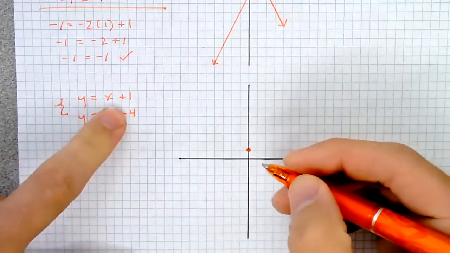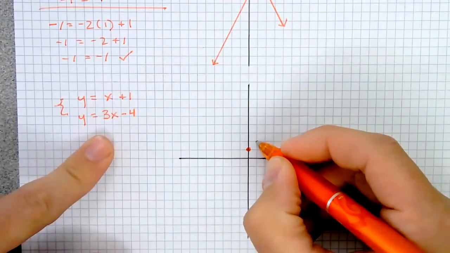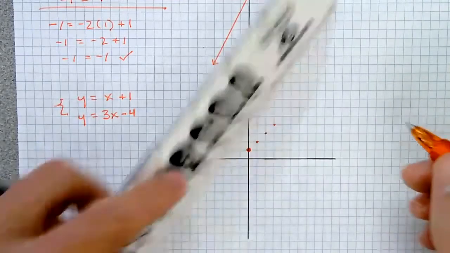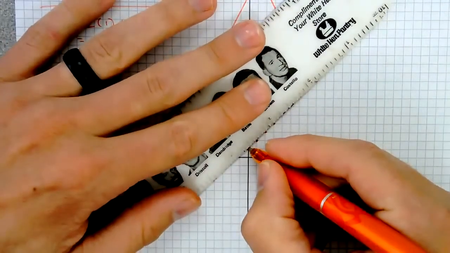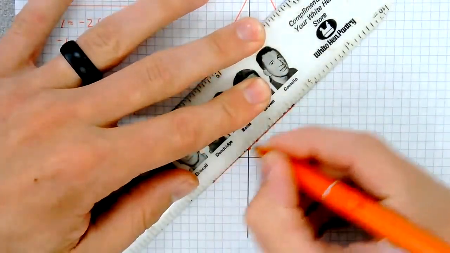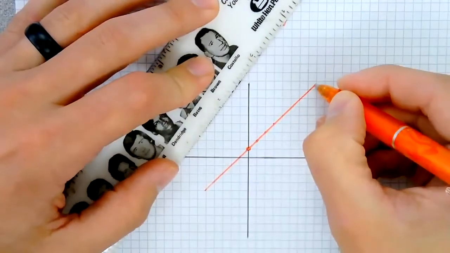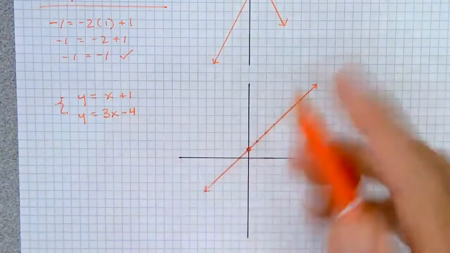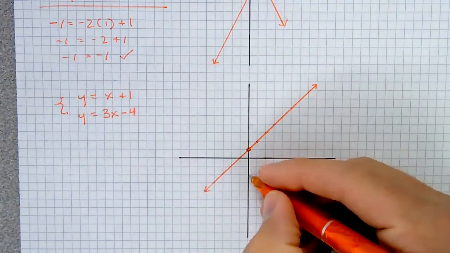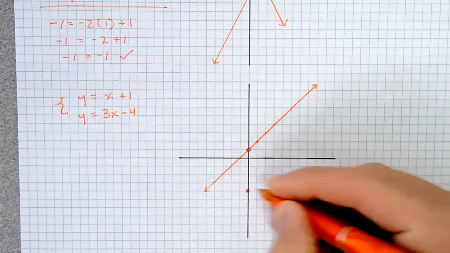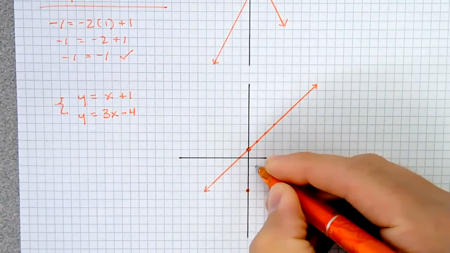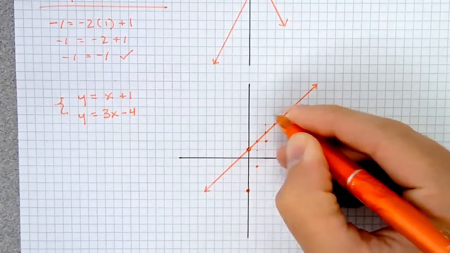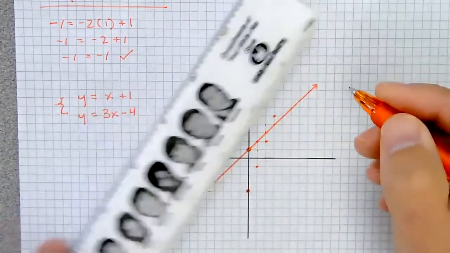So we graph this first one, y-intercept of 1, slope of 1. Graph the other one, y-intercept of negative 4, with a slope of 3, up 3 over 1, up 3 over 1, up 3 over 1.